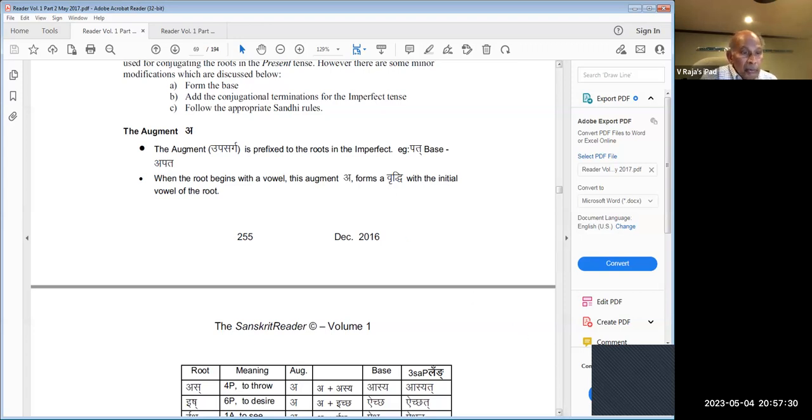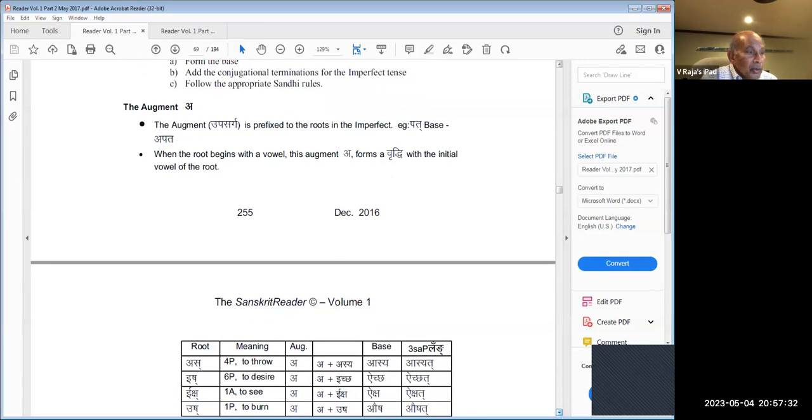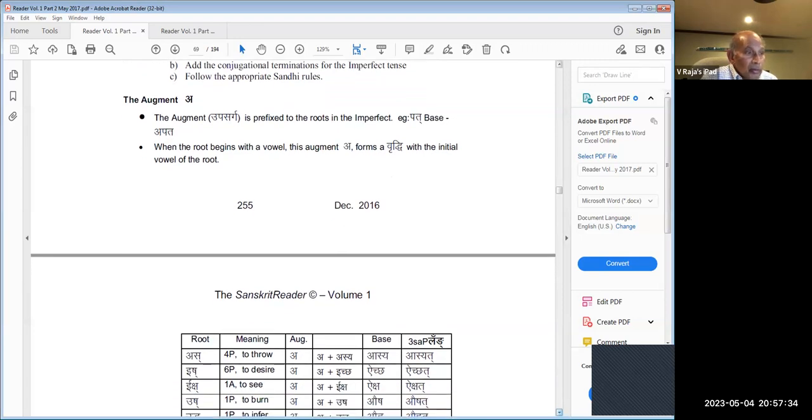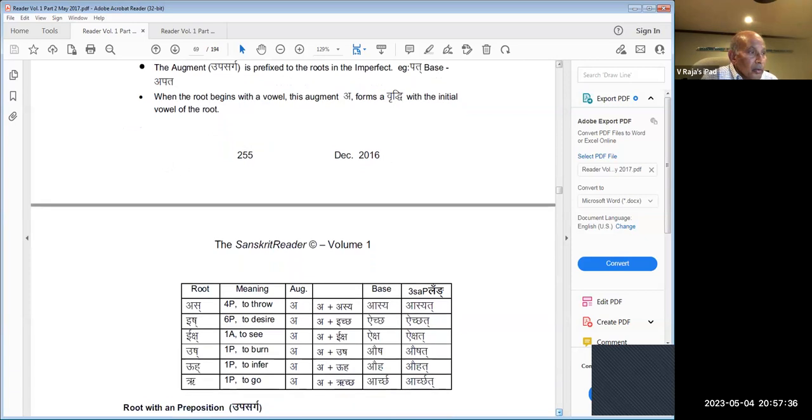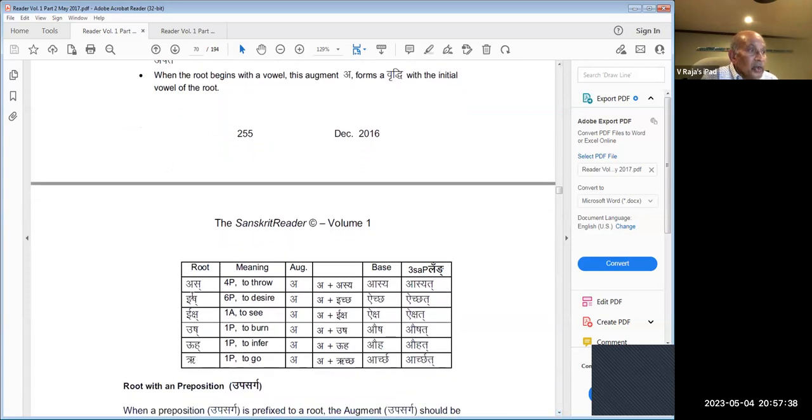See that? I'll give you some examples here. Let's take ish, to desire. Normally, it becomes icha, ichati. But you are adding a in front. Normally, a plus i should have become e.